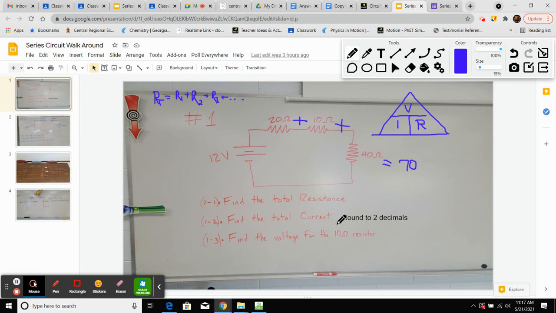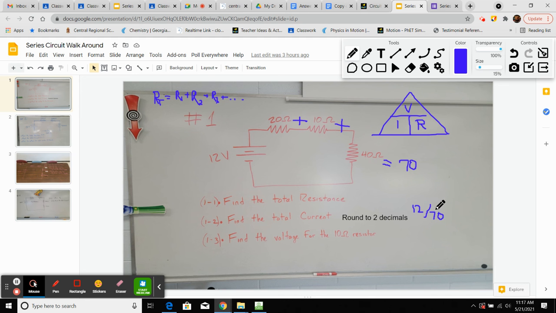Then it asks you to find the total current. Well, if this is R_T and this is V_T, you can find the current I_T by doing V over R. So I would need to do the total voltage, which is 12, over the total resistance, which is 70.